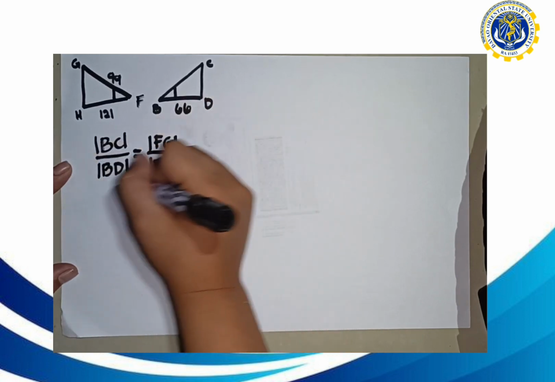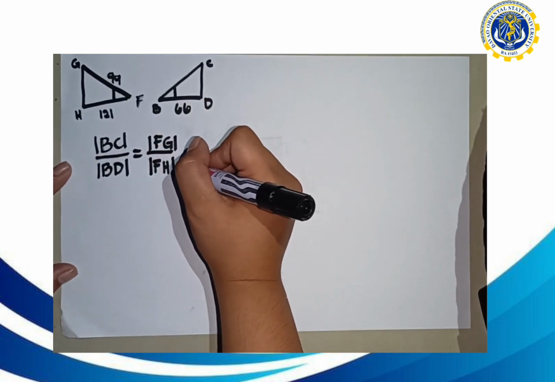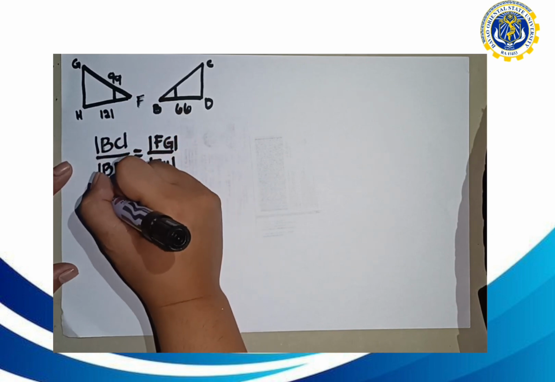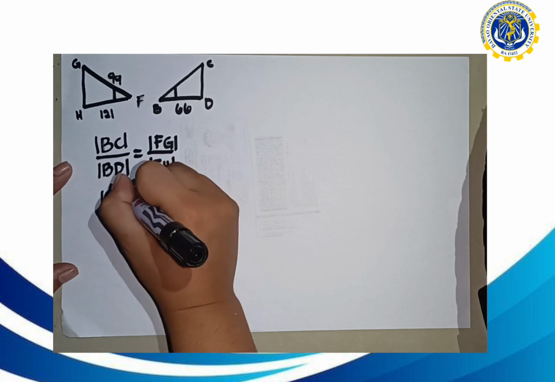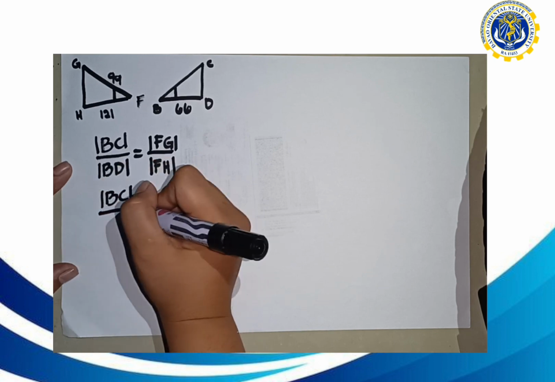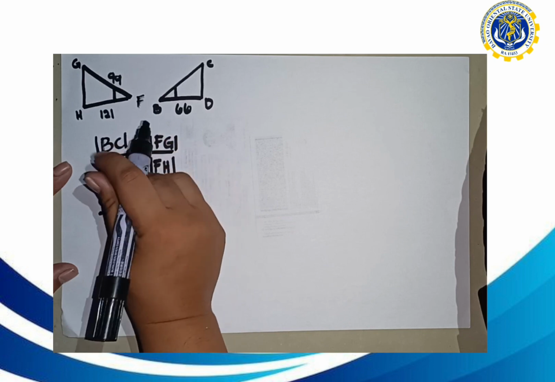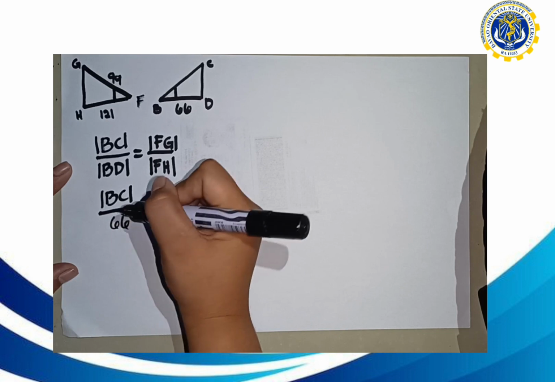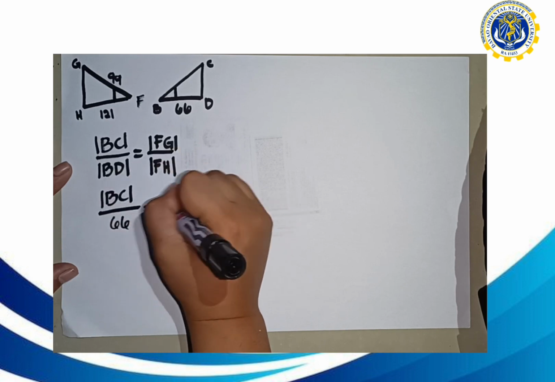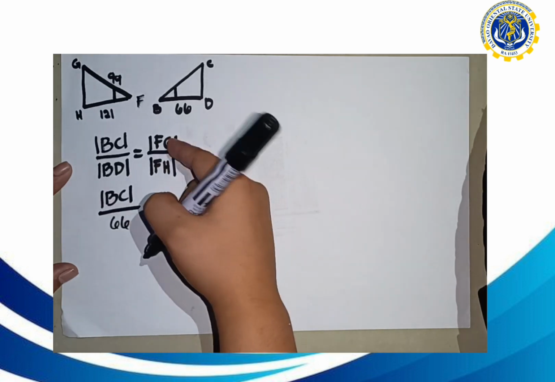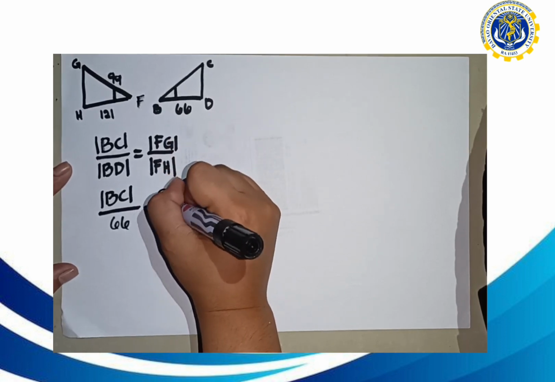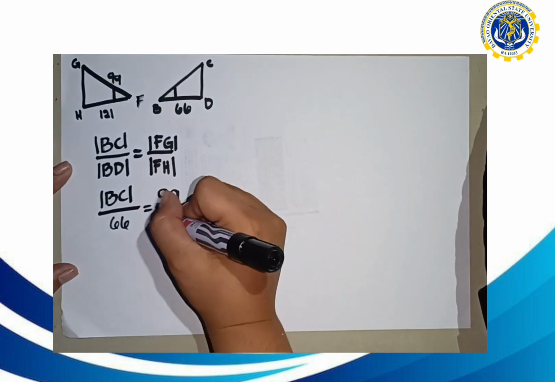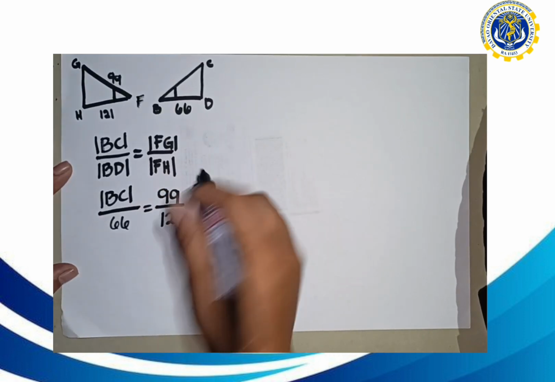Then, next is solve for the unknown. First you have to substitute the given numbers. So we copy BC, which is the unknown, then write the given value of BD, which is 66, then the given value of FG, which is 99, then the given value of FH, which is 121.